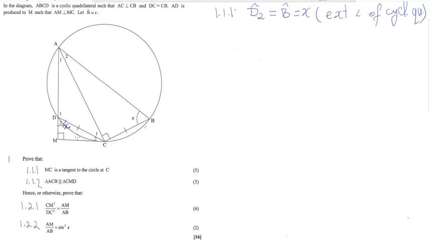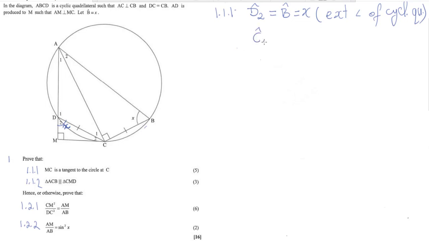So now, if this is equal to X, what will be the angle C2, sorry. Remember, DMC is a triangle. Can you see? This is a triangle. So if this is 90 degrees, because it's a perpendicular, and D2 is equal to X, what will be the angle C2?